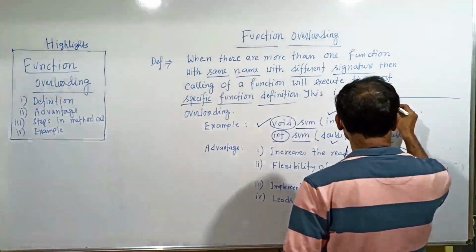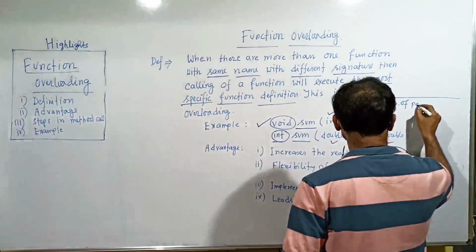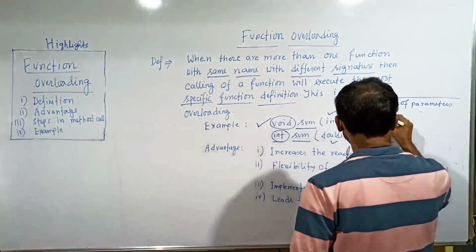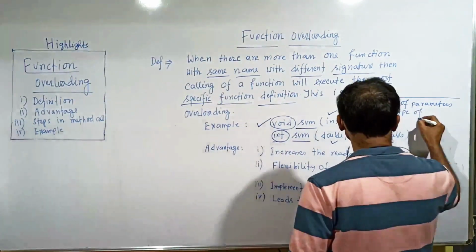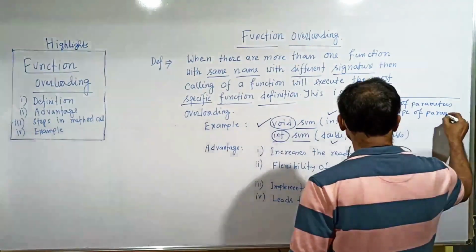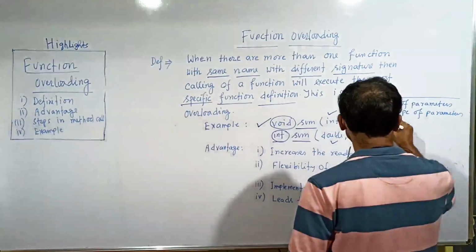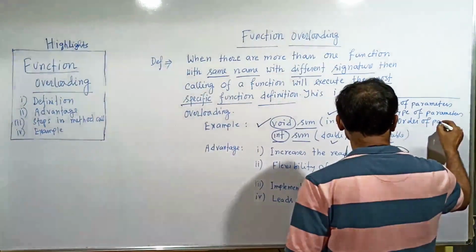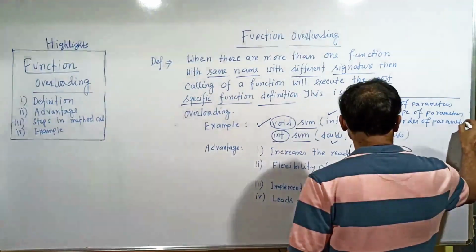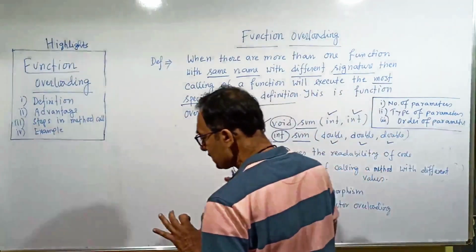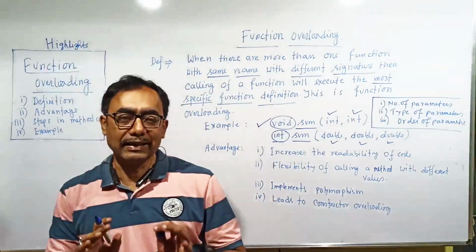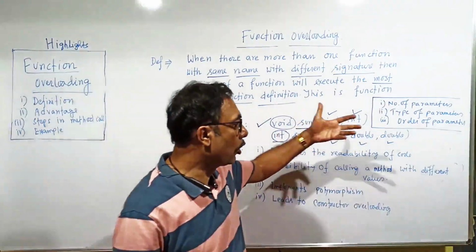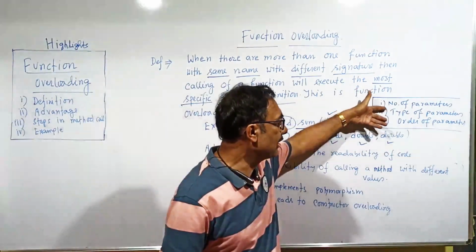Number one, number of parameters. Number two, type of parameters. Number three, order of parameters. So this briefly says how the signatures of two methods can be different. There are three clauses by which you can understand how the signature can be different.